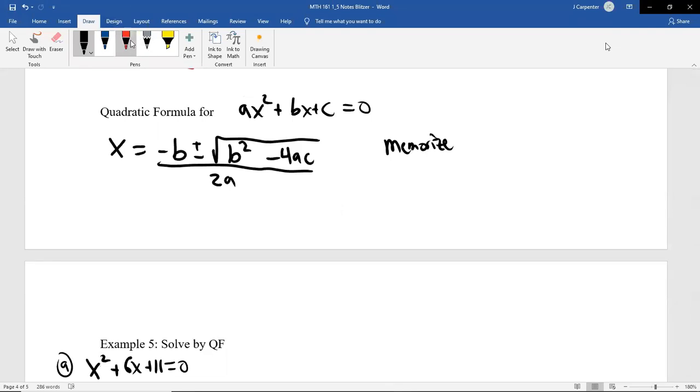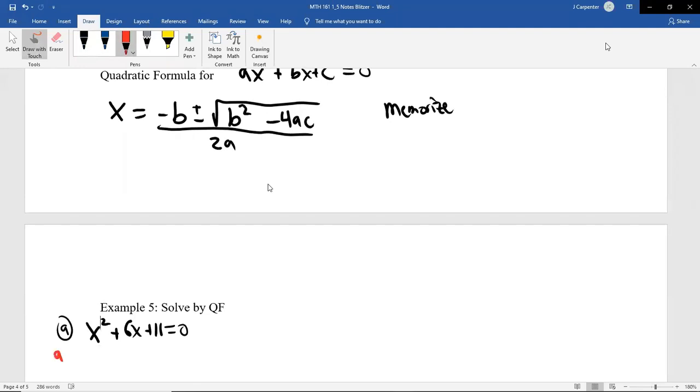So here's one thing I'd suggest: go to the side or below, and write down what your A, your B, and your C are, especially at first if you're getting reacquainted with this, or if it's your first time ever doing it. Establish what A, B, and C are. This is what you call plug and play, or plug and chug, because all you're doing is plugging numbers into a formula, and then it's arithmetic, arithmetic, arithmetic.